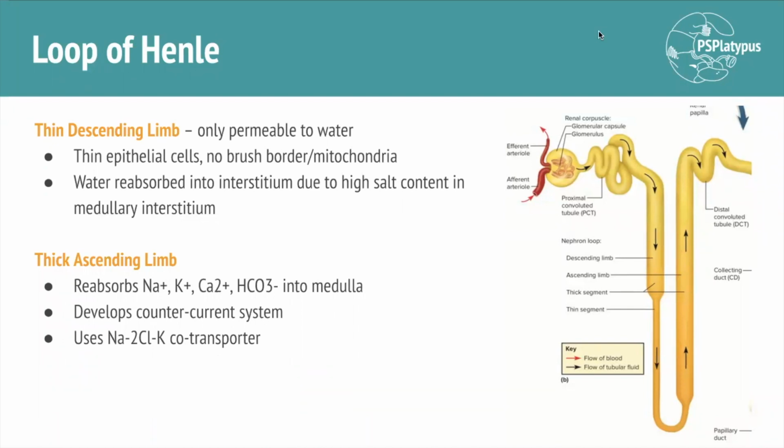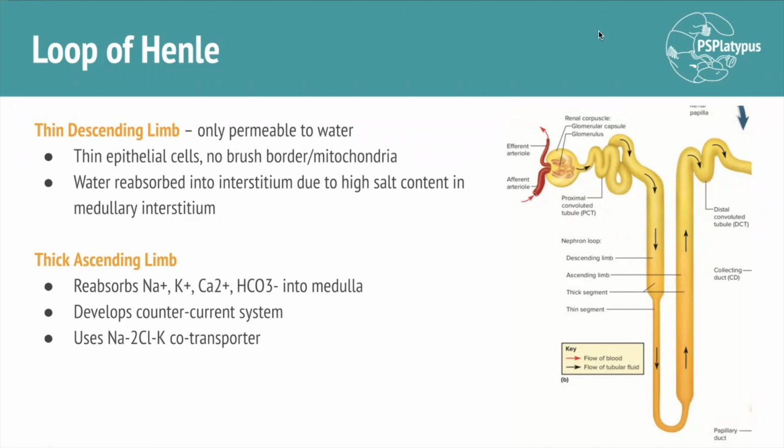Now looking at the next segment of the nephron, it is known as the loop of Henle, which can be divided into 2 segments, the thin descending loop of Henle and the thick ascending loop of Henle. The thin descending loop is only permeable to water, whilst the thick is not. It has thin epithelial cells and its purpose is to reabsorb water aided by interstitial salt content, causing an osmotic gradient. The thick ascending loop actively reabsorbs our sodium, potassium, and calcium ions, as well as bicarbonate.